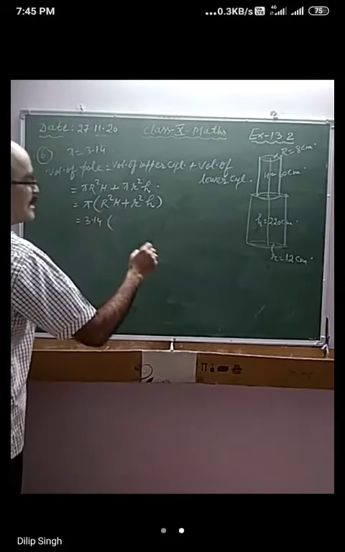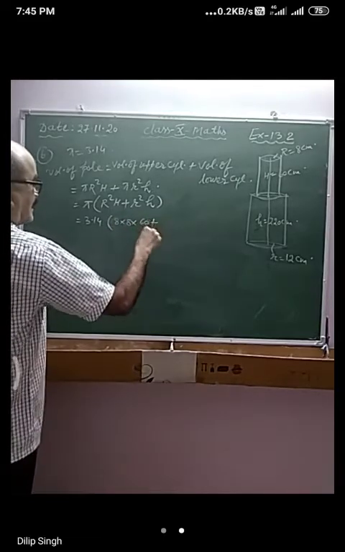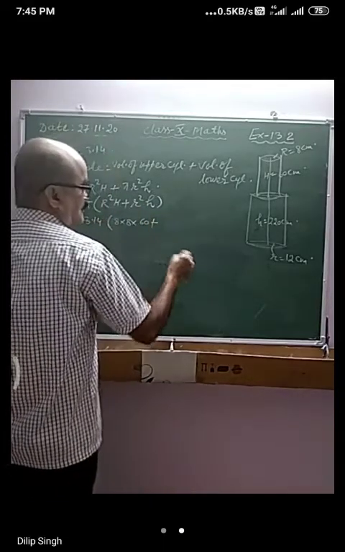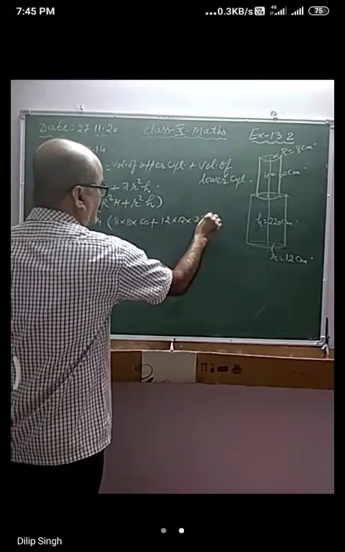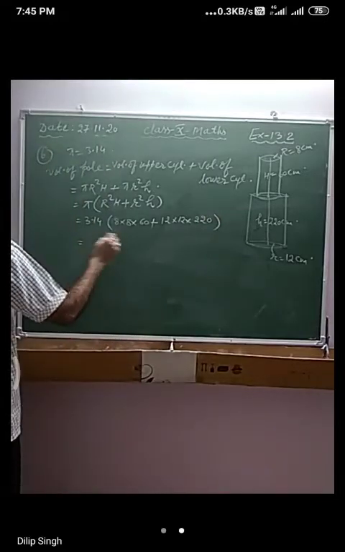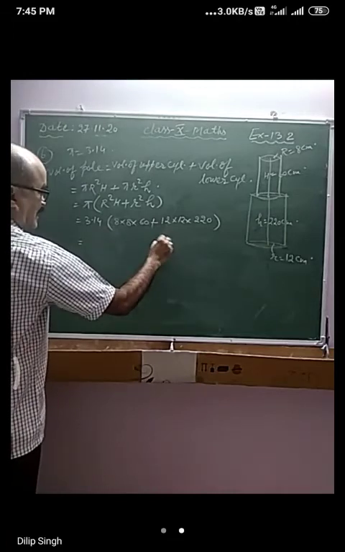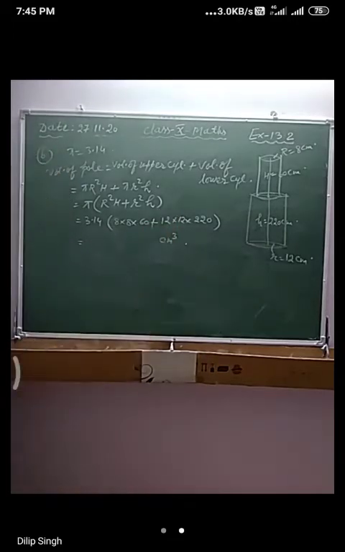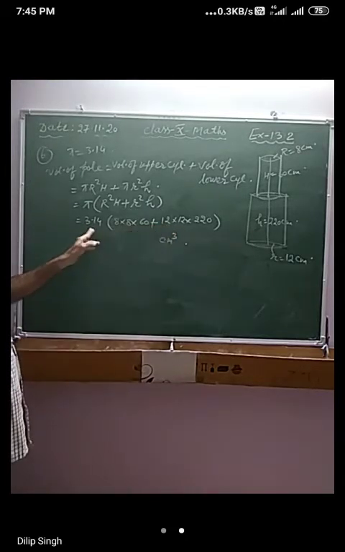And capital R is 8, so 8 into 8 into H is 60, and small r is 12, so 12 into 12, and h is 220. So you will just multiply it and simplify this, and you will get answer in centimeter cube. जो भी आएगा उसको मल्टीप्लाई कर देना, इन दोनों को ऐड कर देना, पहले मल्टीप्लाई करके जो भी आएगा 3.14 से मल्टीप्लाई कर देंगे.